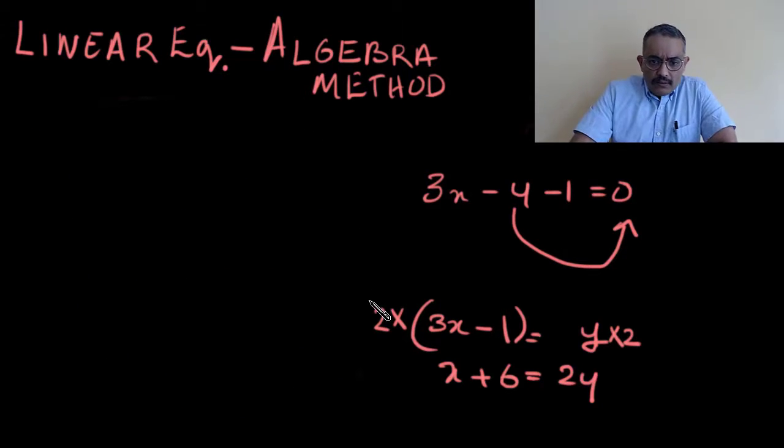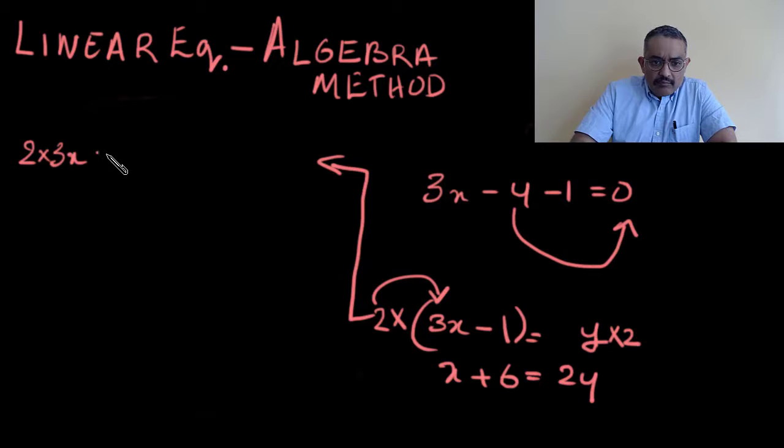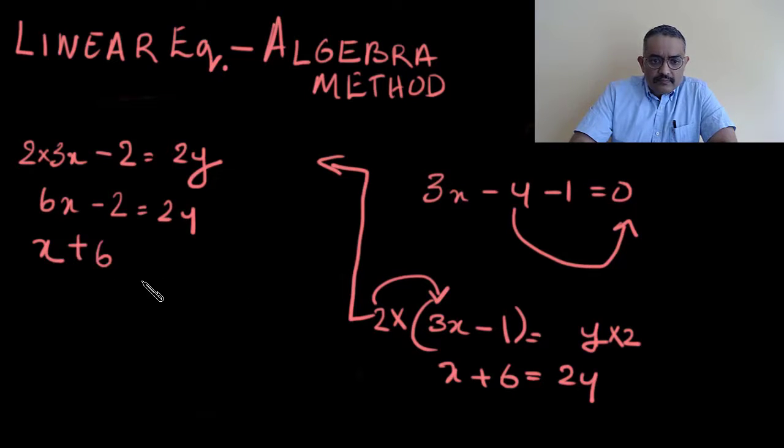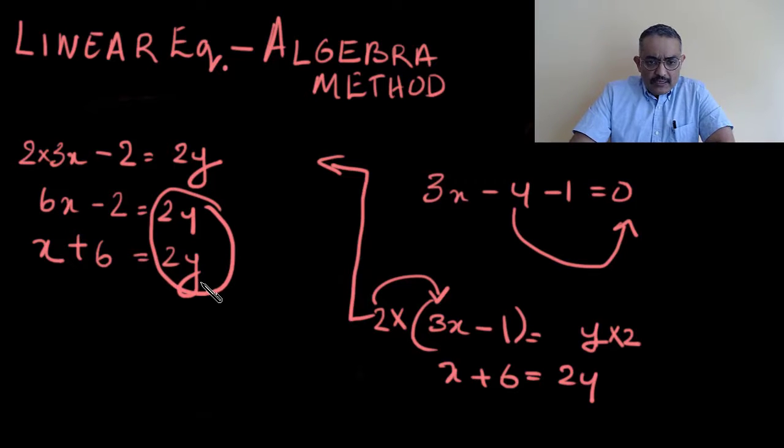So this equation would essentially become 2 times 3x minus 2 is equal to 2y, and this is obviously 6x minus 2 equal to 2y, and x plus 6 is equal to 2y. Now you can clearly see both sides are equal. 2y is equal to 2y.